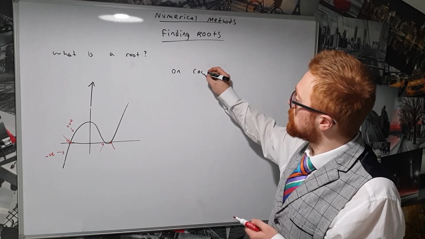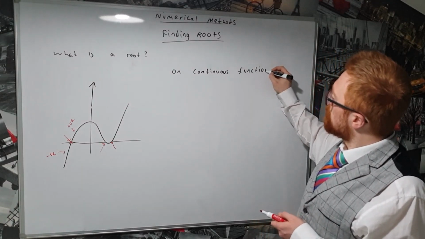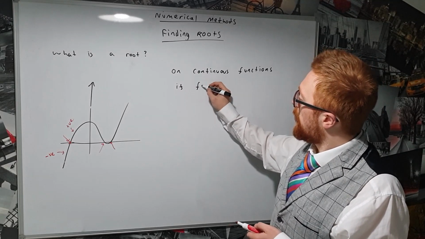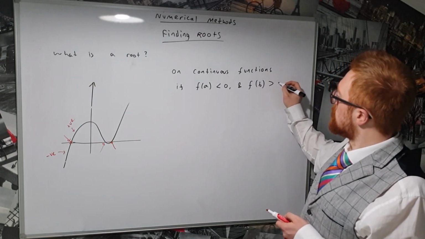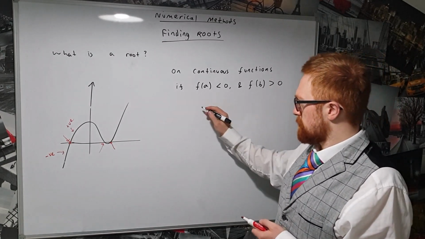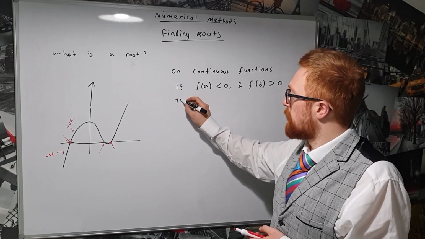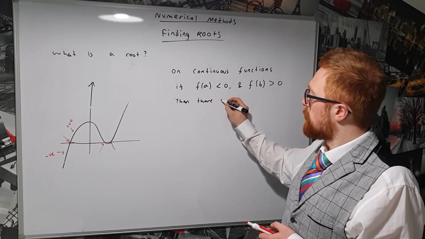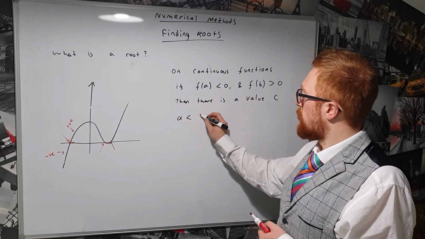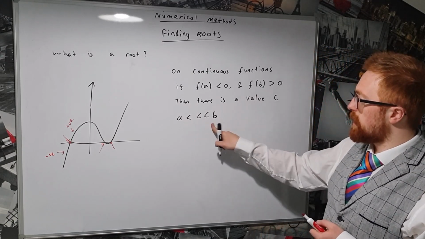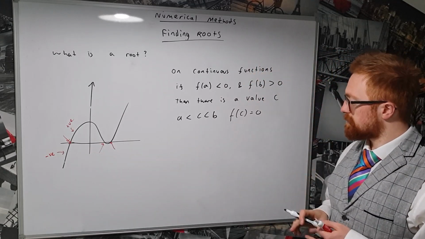So on continuous functions, if f of a is less than 0 and f of b is greater than 0, then there is a value c, where a is less than c is less than b, so c is between a and b, and f of c is equal to 0.